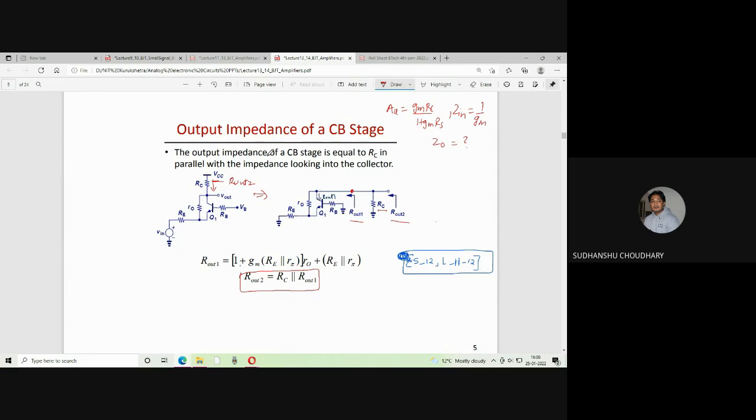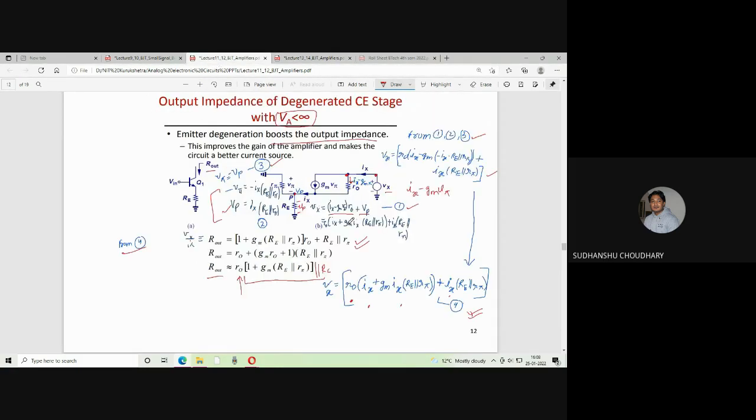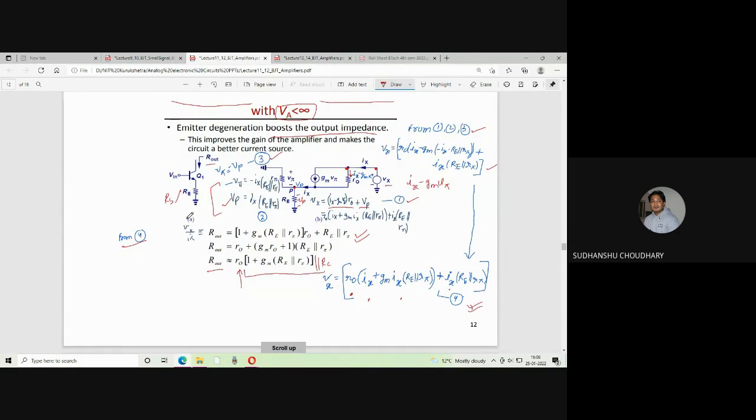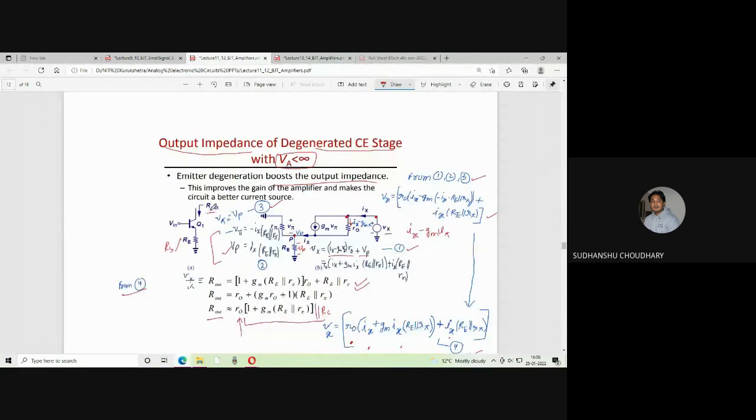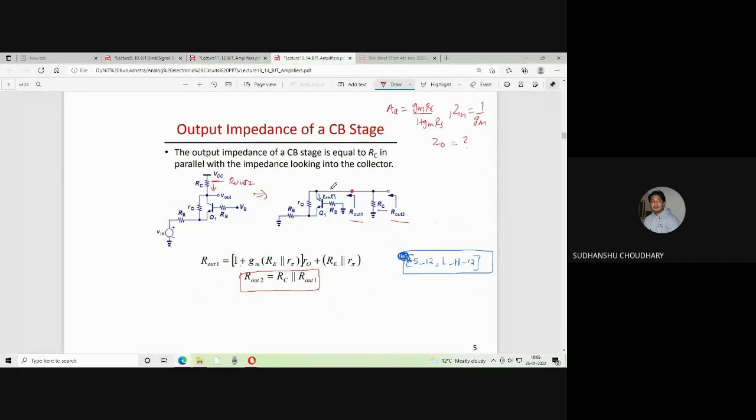So I'll take you back to the common emitter amplifier output impedance, the degenerated stage. We are replacing this RE by RS in the common base, so this circuit looks the same. We are supposed to find Rout here, the same Rout we want to find at this point.